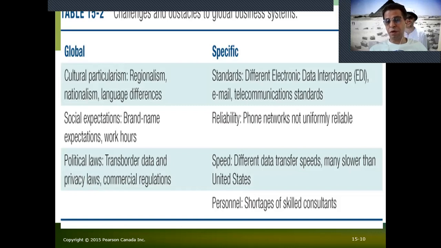On the specific part, what is the standard for EDI, electronic data interchange, like email and telecommunication standards? There is reliability, as phone networks are not uniformly reliable, and speed, as data transfer speeds differ, many slower than in the United States and Canada, for example. And there is personnel, with a shortage of skilled consultants.